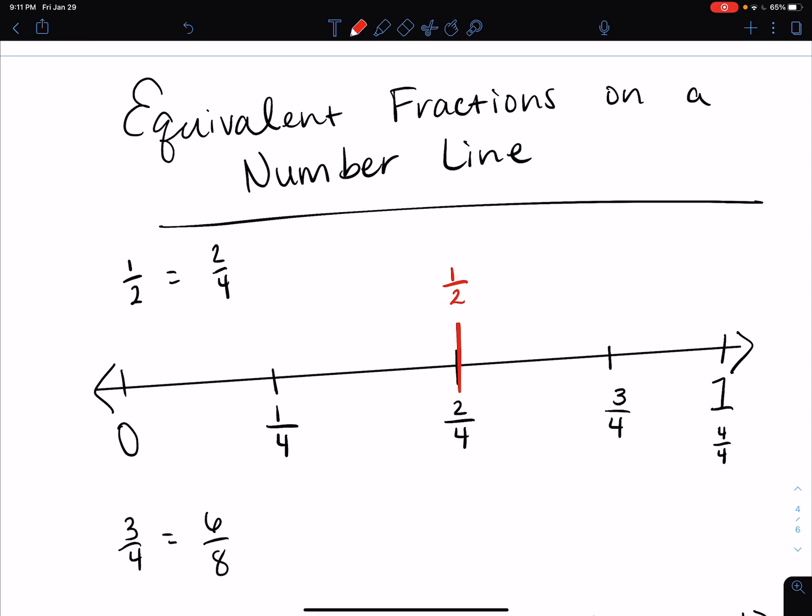So now if we look at it, we can see that this bottom part is divided into fourths, 1/4, 2/4, 3/4, 4/4, and my top half is now divided into half. So I have this 1/2. So when it's at the same place on our number line, it's at the same point. So 1/2 is equivalent to 2/4, or 2/4 is equivalent to 1/2.